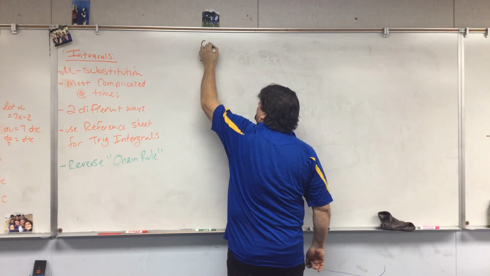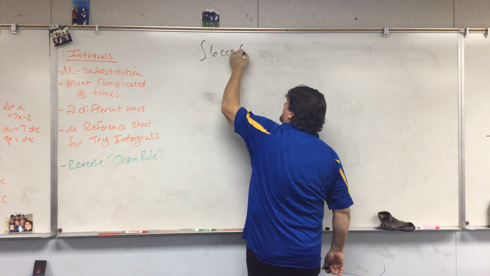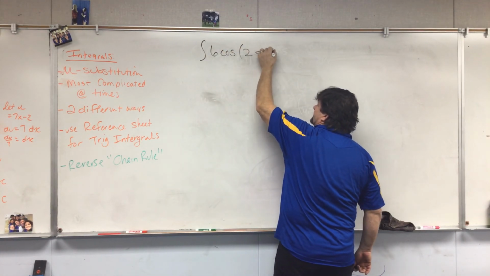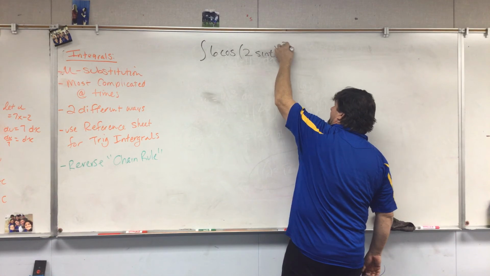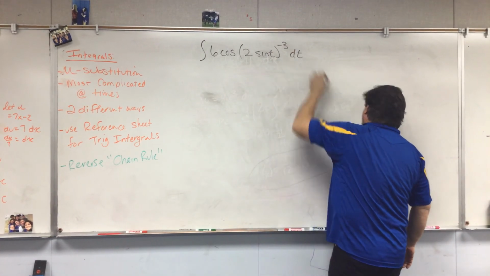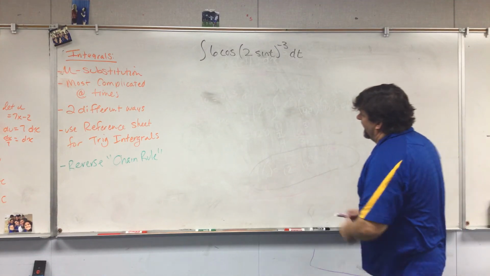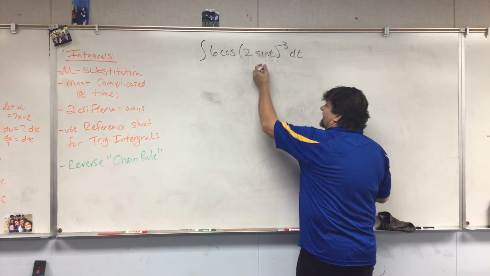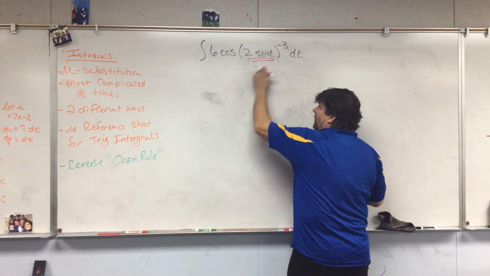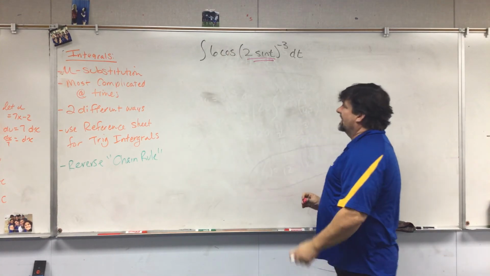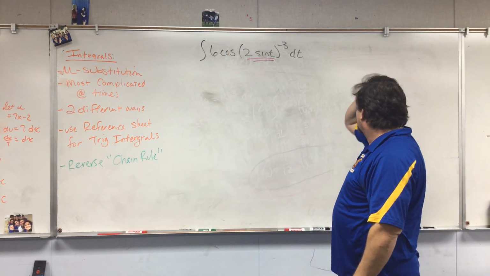Last one. 6 cosine of 2 sine t to the negative 3 dt. Did I get that one right? Yeah. All right. So again, take our more complicated one. Our whole goal is to cancel that cosine out somehow.